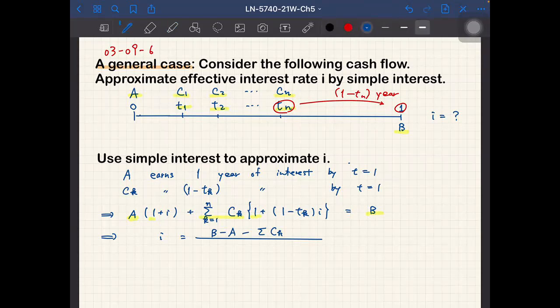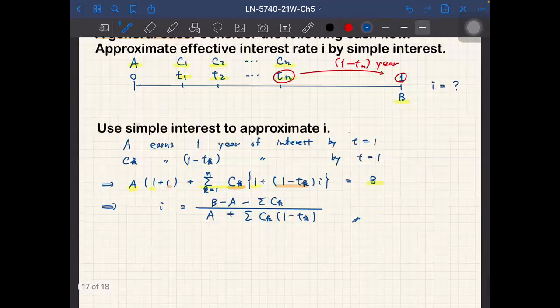Then the denominator is A times I, so the denominator is A, and the coefficient of I is the Ck times 1 minus Tk, so the summation over k. So this is the general case.